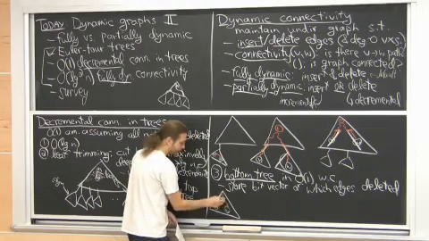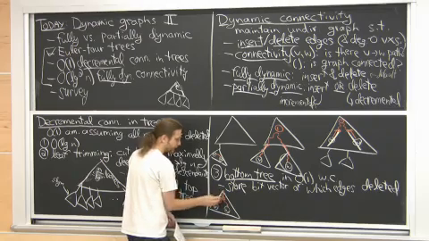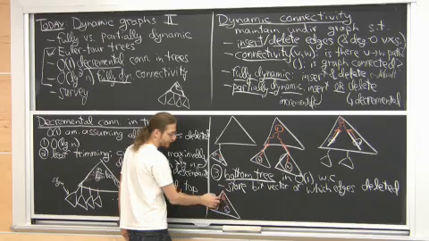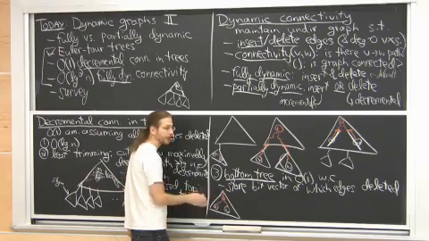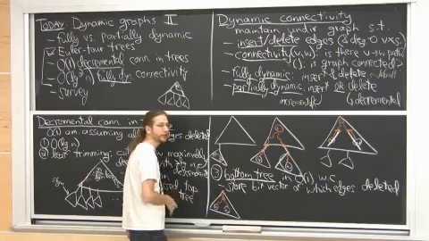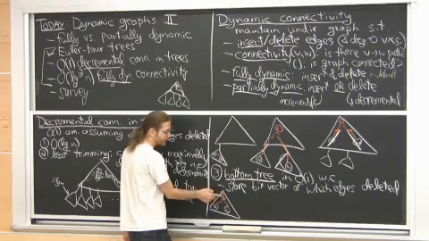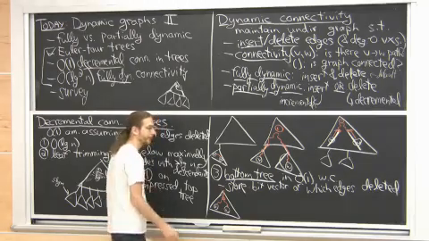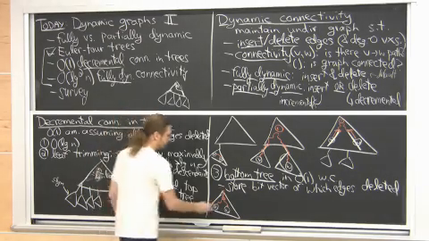I look at W's path to the root. At some point, we reach the LCA. What I want to know is, have any of these edges been deleted? If yes, I can't get there. If none of them have been deleted, I can get there. It's an if and only if. I don't care about these edges up here above the LCA, because I only need to go to the LCA and back down. So what do I do?